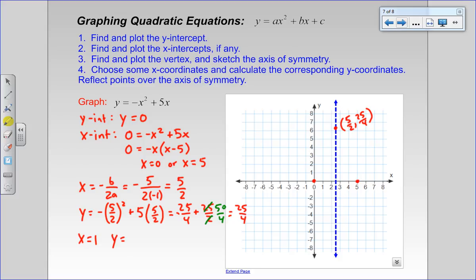So we have y equals negative 1 squared plus 5 times 1, which is negative 1 plus 5, or 4. So the point 1, 4 falls on the parabola, and by reflecting that point over the axis of symmetry, we would see the point 4, 4 also falls on the parabola. Now we have enough information to draw an accurate graph of this quadratic equation.